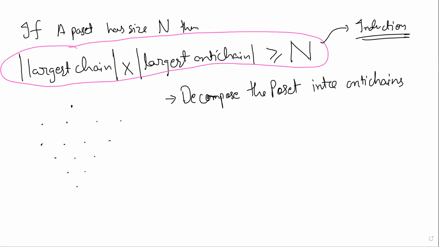What does it mean? It means that you want to take a poset and partition it, but not just any partition, not just take the set and start partitioning it left and right. No, we're saying that you partition the poset into antichains. Before I define that, I should draw some arrows.